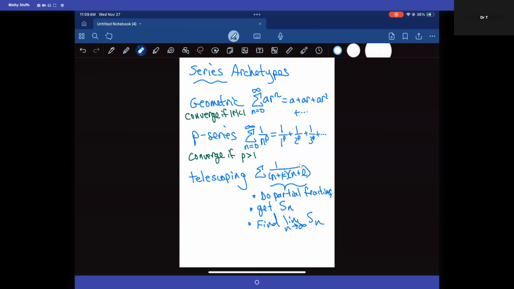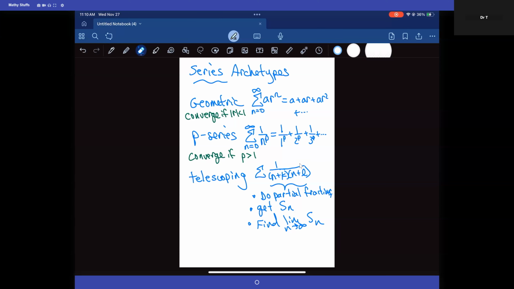We start writing out the partial sums, fully writing out S1, S2, and then try to generalize the nth partial sum. What you'll find in a telescoping series is that lots of things cancel. So what we're trying to figure out is what is canceling, and what am I left with as the net sum?